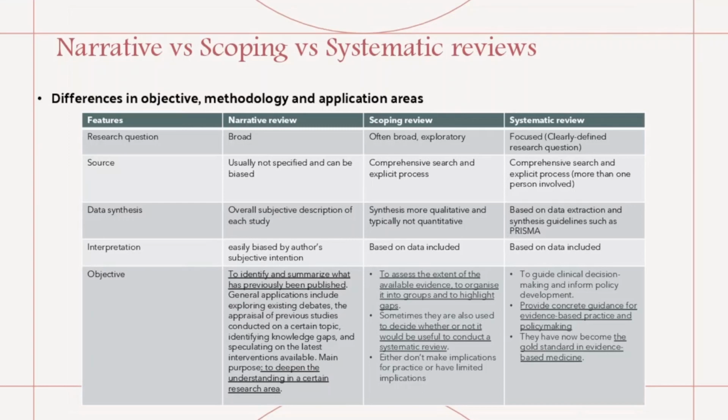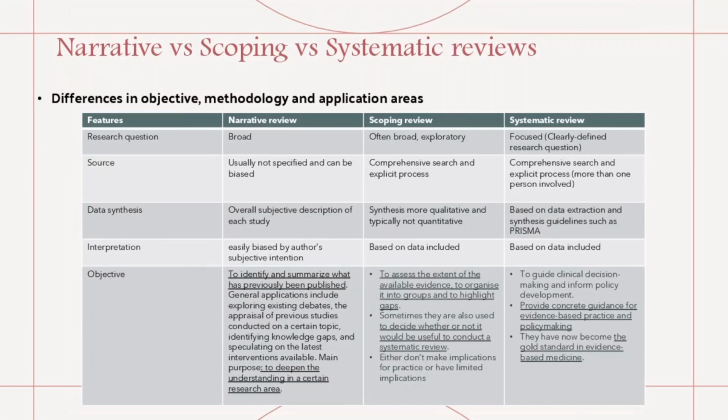The methodology in systematic reviews follows specific guidelines, which are not available for scoping reviews and narrative reviews. And the interpretation is based on the data that is included and is made as objective as possible. The objective of a systematic review is to provide concrete guidance for evidence-based practice and policymaking, and they are the gold standard in evidence-based medicine.